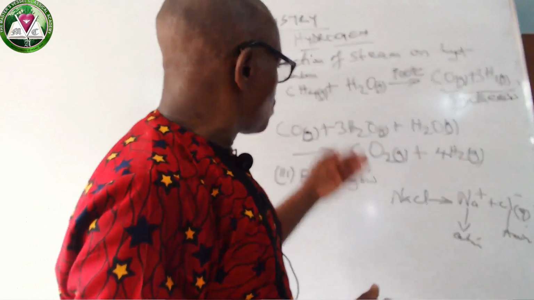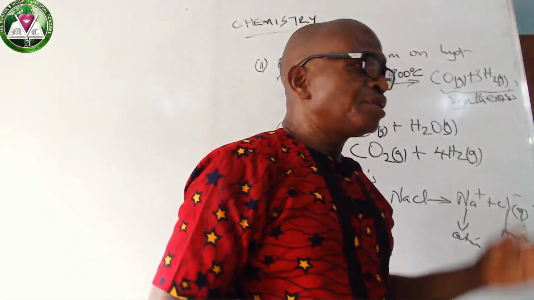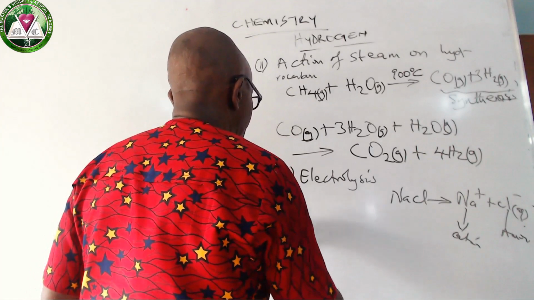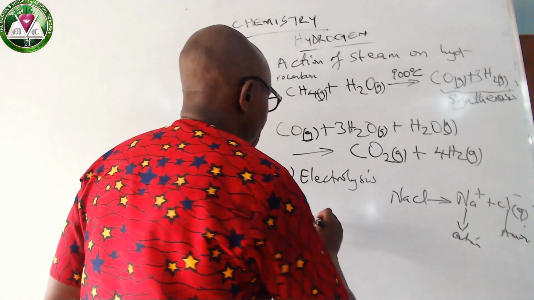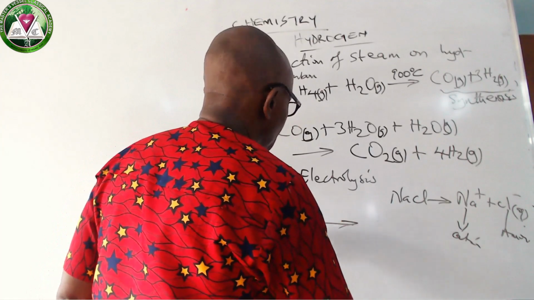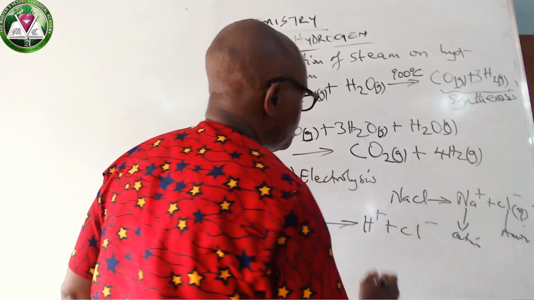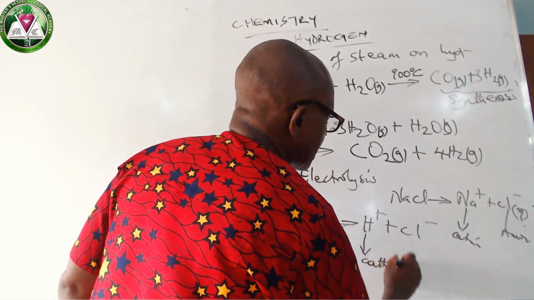Therefore, if you want to produce hydrogen, you can produce it from electrolysis of HCl. If this decomposes, it will give you H plus and Cl minus. This one goes to the cathode as hydrogen.